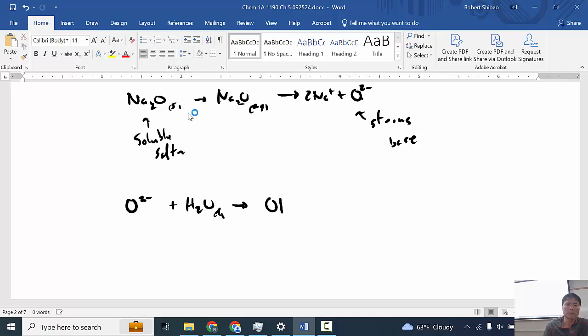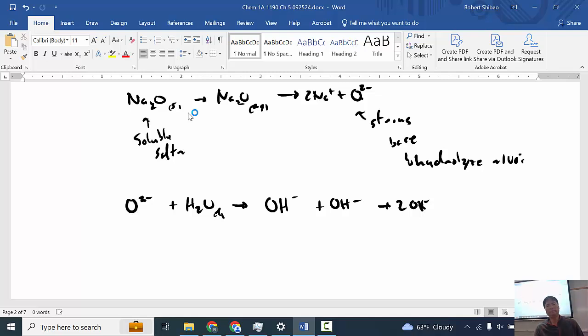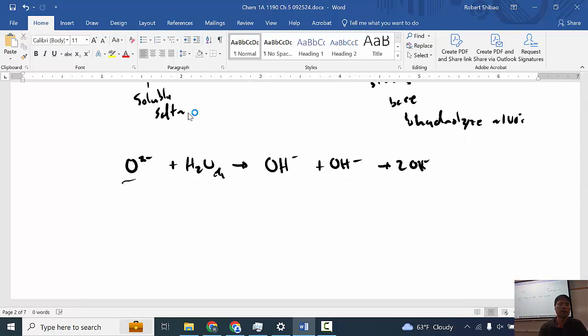Well, oxide is going to gain a proton, making hydroxide, and water is going to lose a proton, making hydroxide. So we end up with 2 hydroxides. And so oxide will hydrolyze water to form hydroxide. It's a strong base.